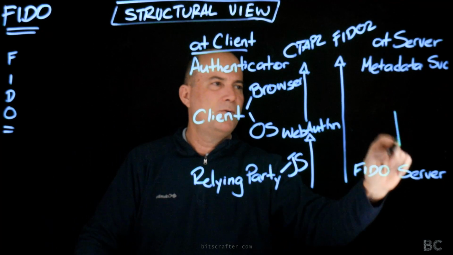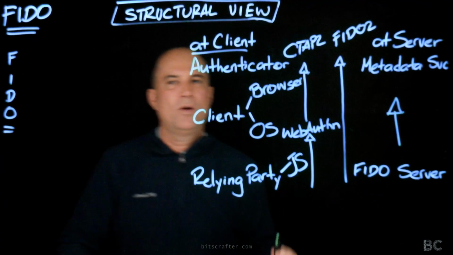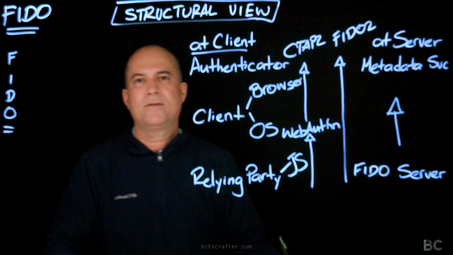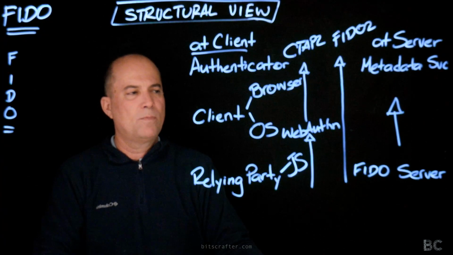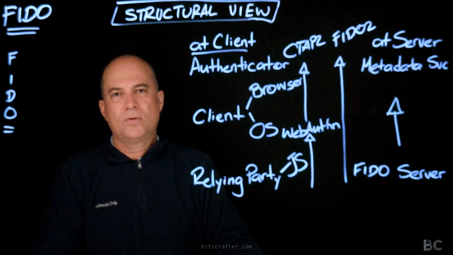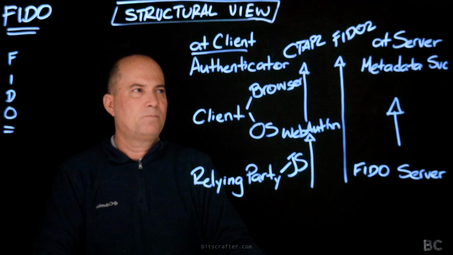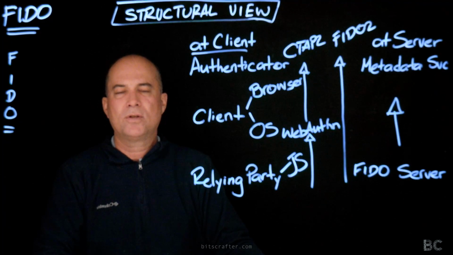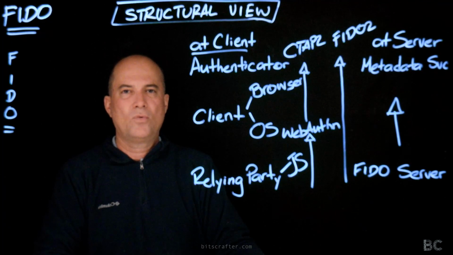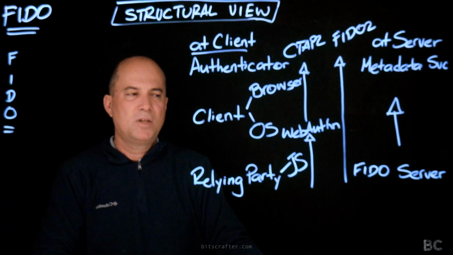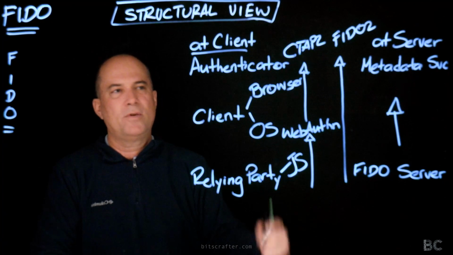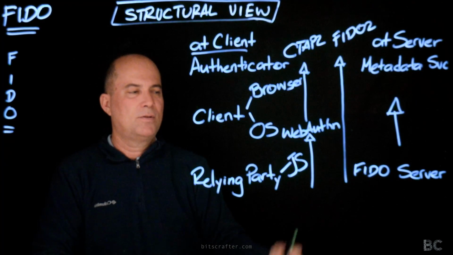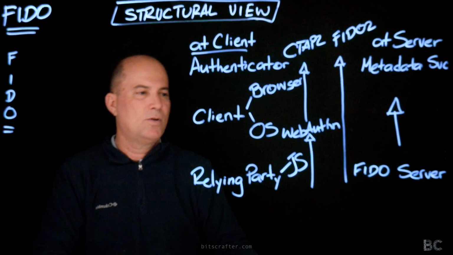It might be used by the FIDO server to find out the characteristics of this authenticator to make a decision whether the server really wants to continue or not, because it's basically a trust decision. How much do I trust this authenticator, given how sensitive whatever is happening on the client is.